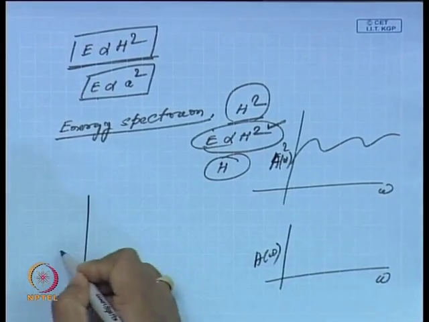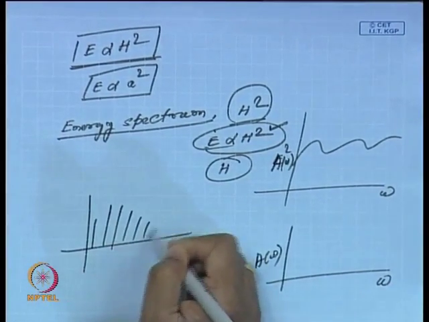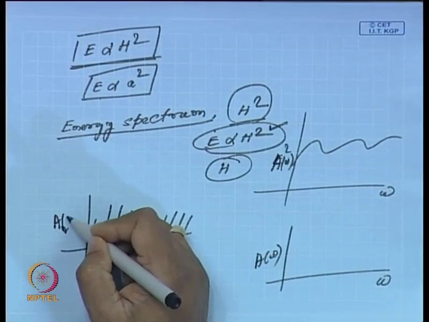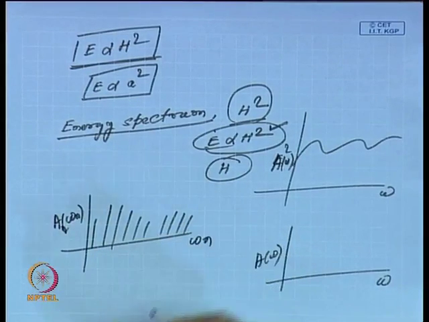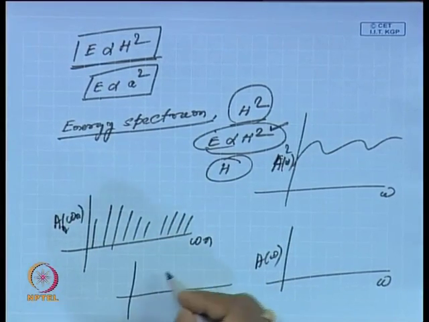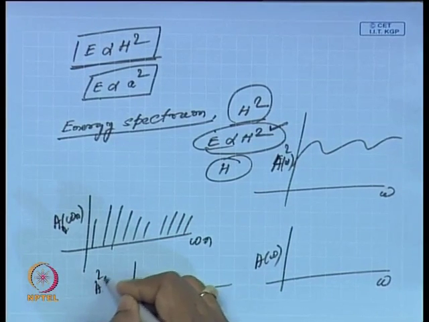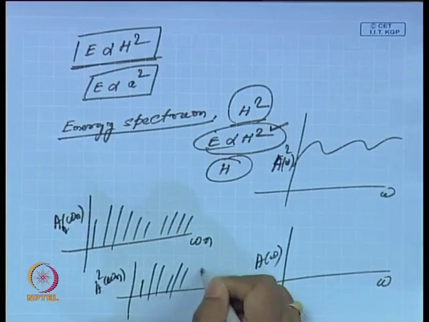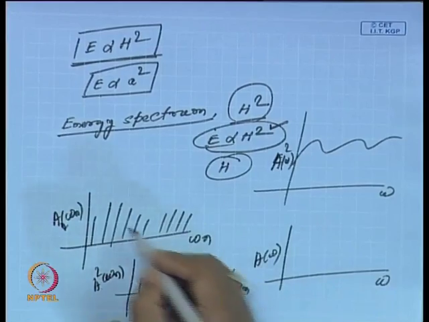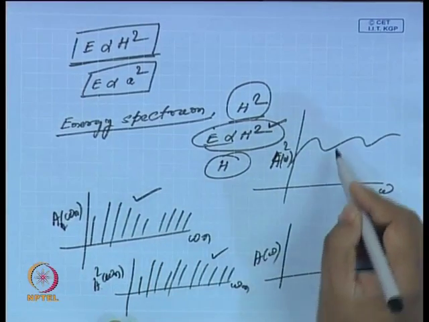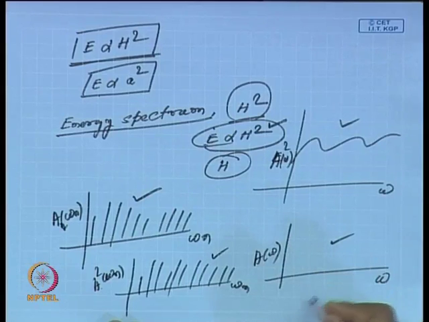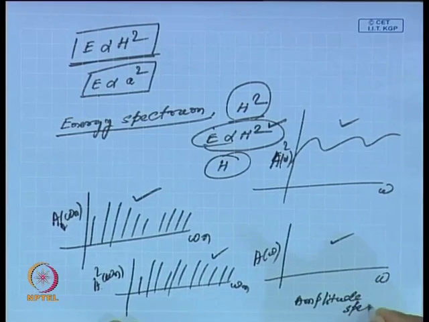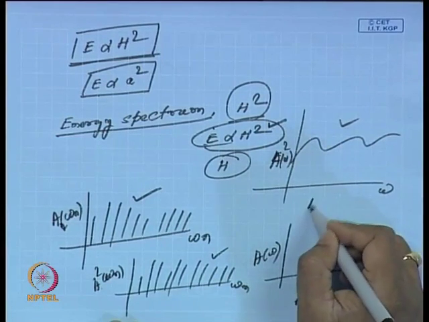In case of a discrete spectrum, we have been given discrete data, so this may be A n at omega n, or A square at omega n. These are discrete spectra, while the others are continuous spectra. This is sometimes called the amplitude spectrum, or this is called the energy spectrum.